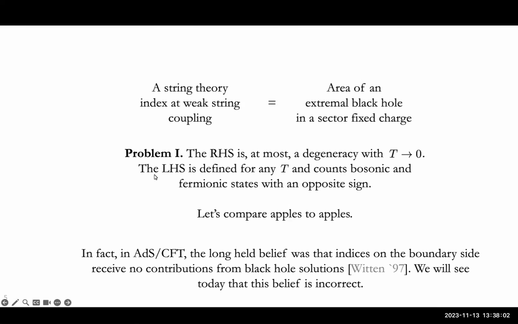The reason why people stated this is because for black holes, usually the time circle is a contractible circle in the geometry. While as we shall see shortly, the index computes a trace with a (-1)^F insertion.